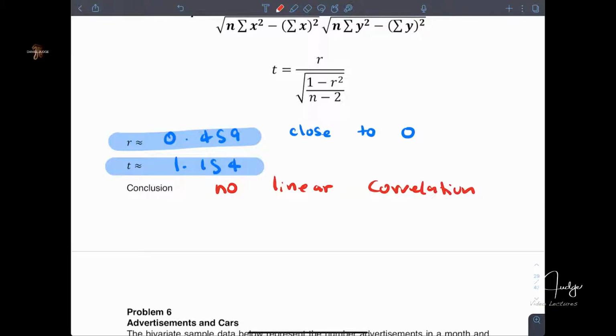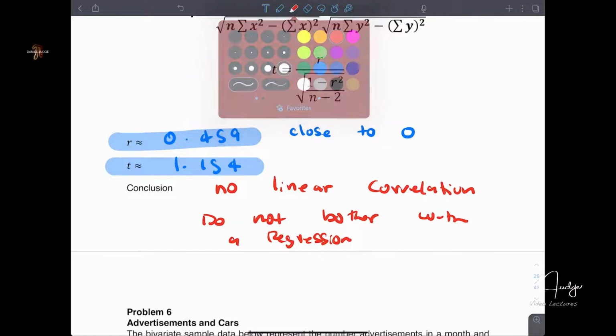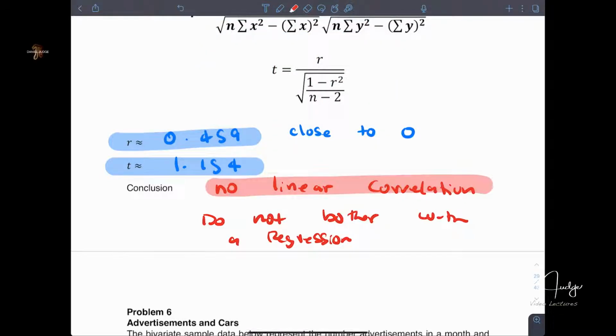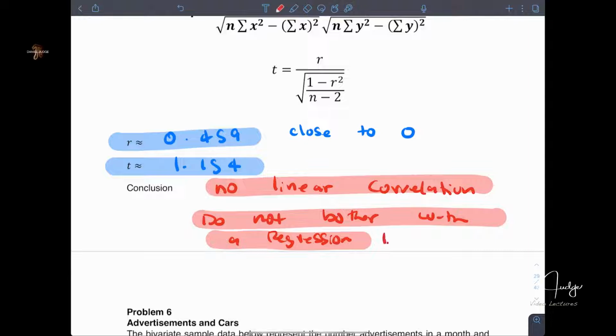So therefore, do not bother with a regression line because there is no linear correlation. I want to make sure you're clear with that. Don't even bother with a regression line because it doesn't mean anything. There's no linear correlation. You can't model the data by a line. And that's what they're talking about, ladies and gentlemen.